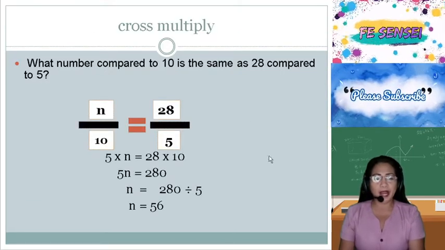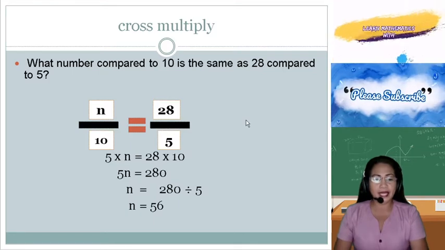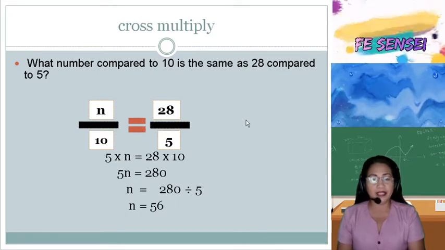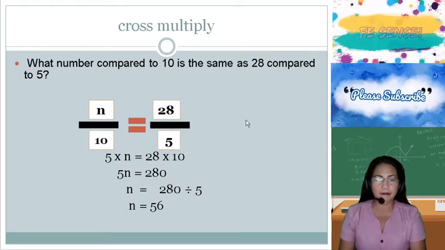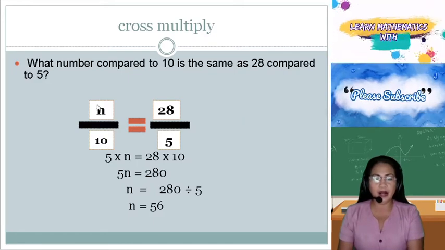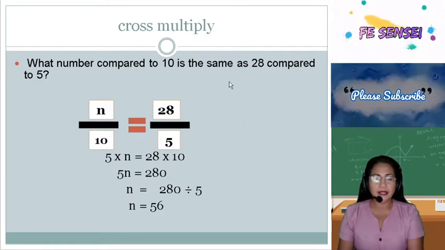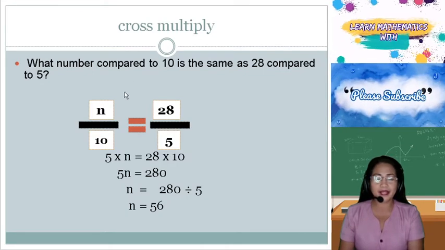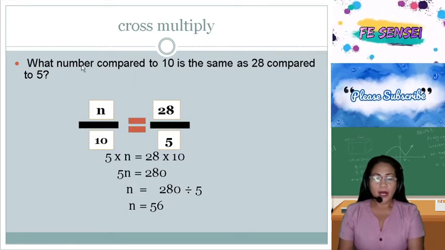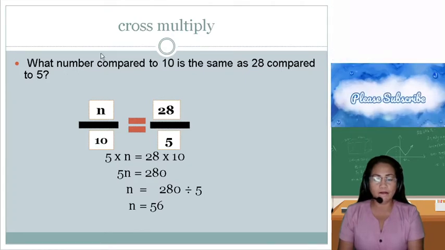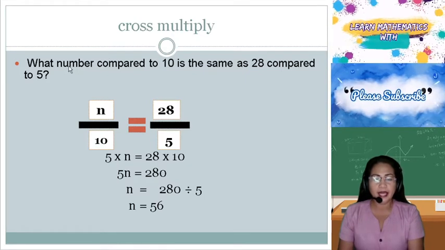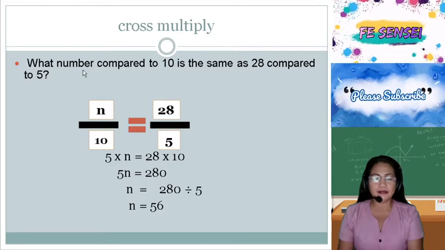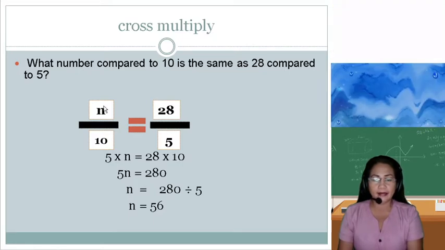What number compared to 10 is the same as 28 compared to 5? We have to write this sentence into an equation. What number? Therefore, we're finding this number and we will represent this number with n.